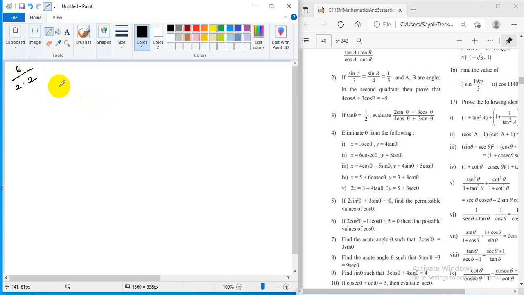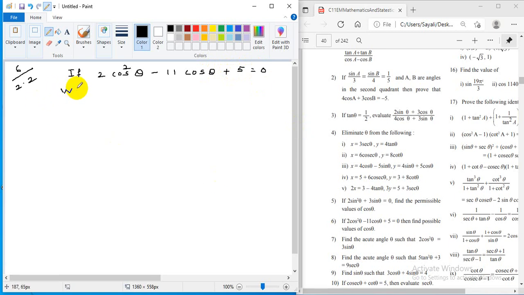If 2 cos squared theta minus 11 cos theta plus 5 equal to 0, then they have said find the possible values of cos theta.